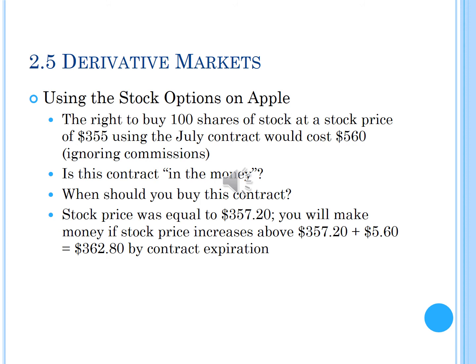All right. You have another example in your book, and this example is also different in numbers. If the one in your slide assumes that the stock price was equal to 357.20, then in this case you will make money if the stock price increases above 357.20 plus the $5.60 that you need to pay to exercise the call option for each share.